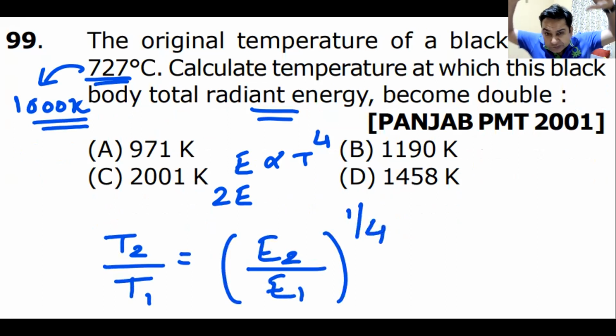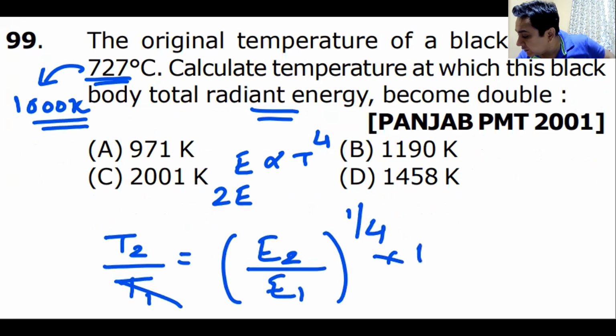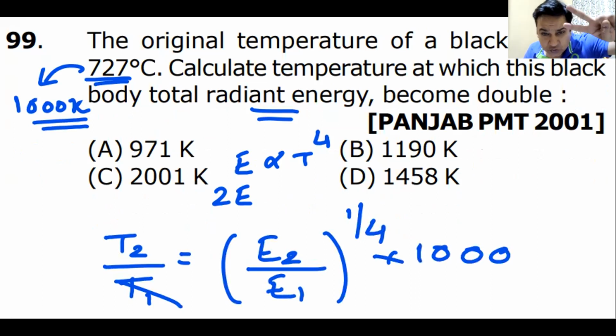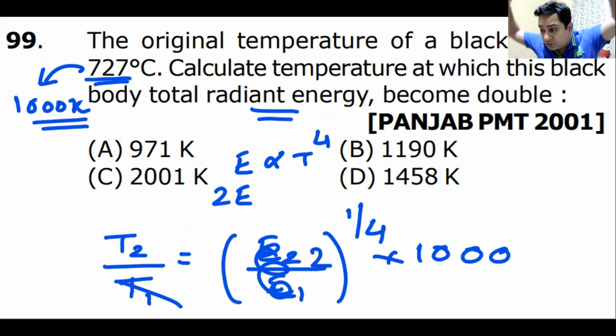Fourth root. This one is 1000, so I just multiply it by 1000. E2, the final energy, is twice, so this ratio will become 2. Yes or no? So it is the fourth root of 2 multiplied by 1000.